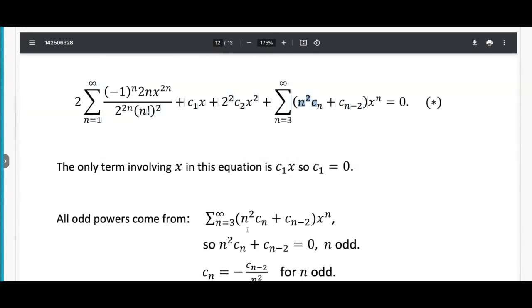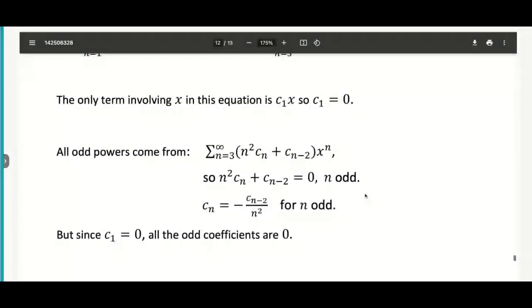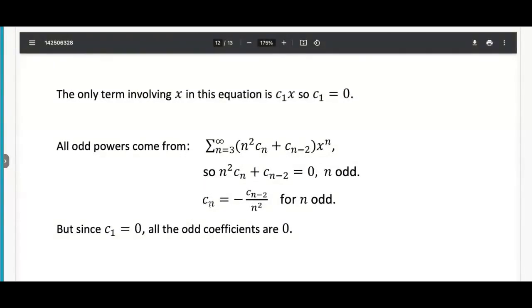So we have n squared c_n plus c_{n-2} equals 0 for the remaining terms. For n odd, we have this relation: the nth term with the n minus 2 term with minus 1 over n squared as a scalar. Since c1 equals 0, all the other odd coefficients are 0.